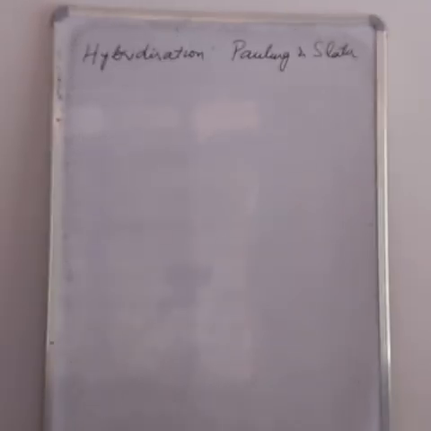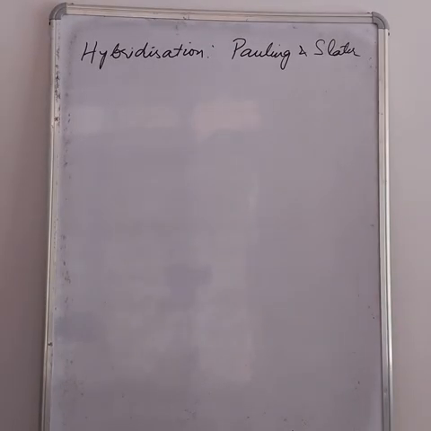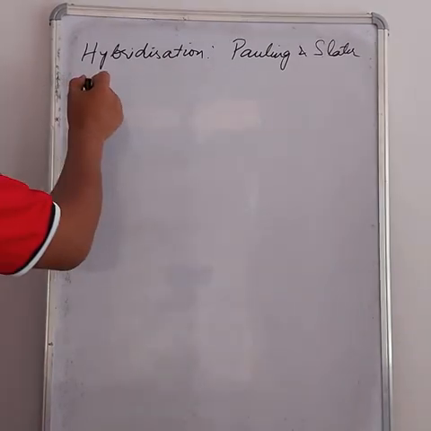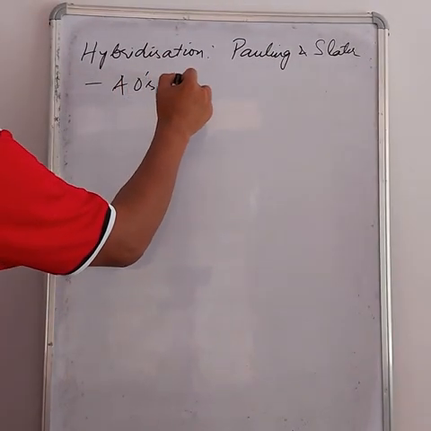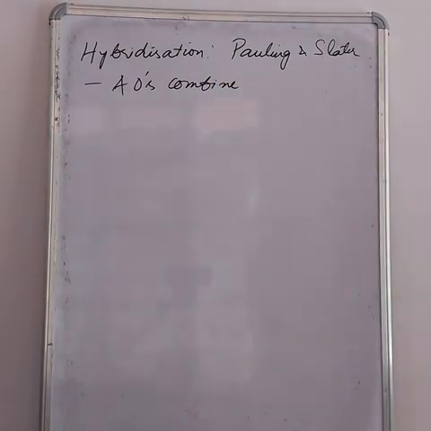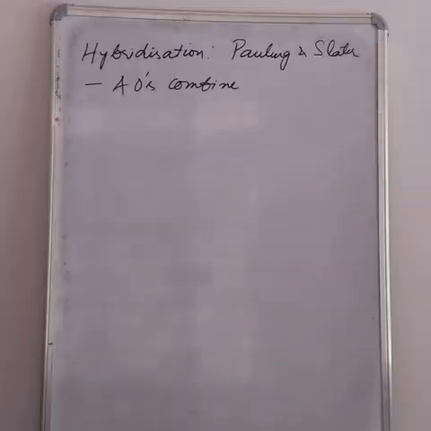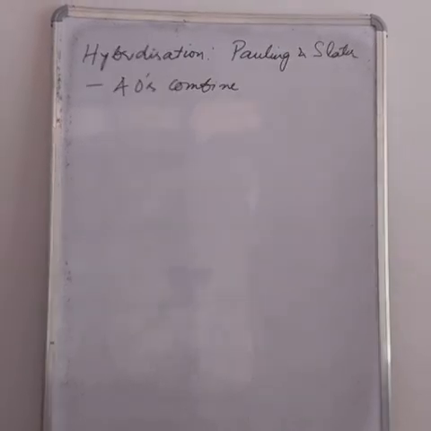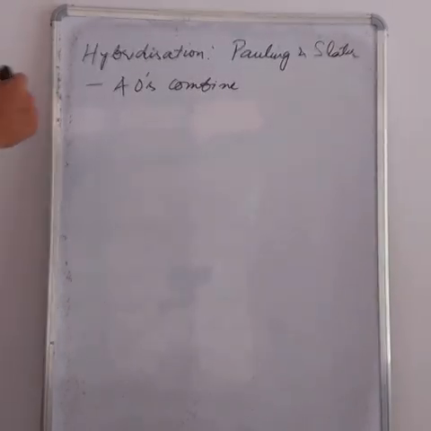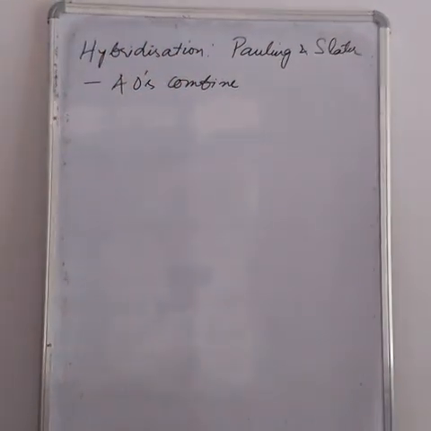Now, in this hybridization, there are assumptions: the atomic orbitals combine to give a new set of equivalent orbitals known as hybrid orbitals, and that process of intermixing or combination between two atomic orbitals is called hybridization.